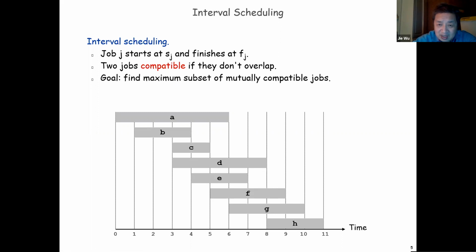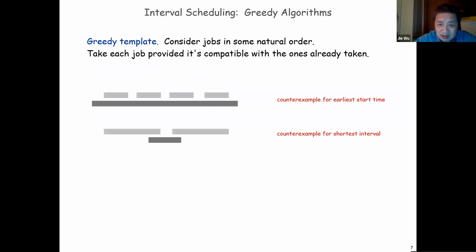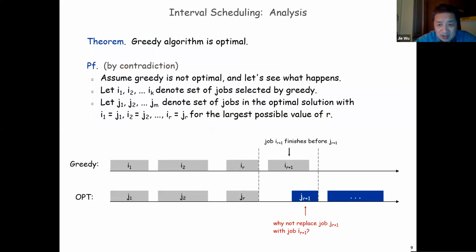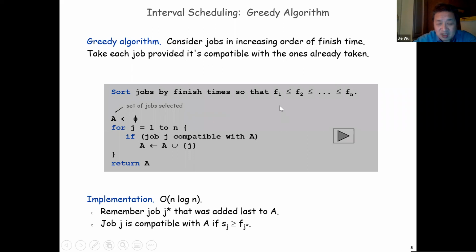See, the nice thing is that it's just a linear scan, although you have to do a little bit of pre-processing. So what's the pre-processing? You need to first sort the finish time in increasing order, non-decreasing order, which is n log n.